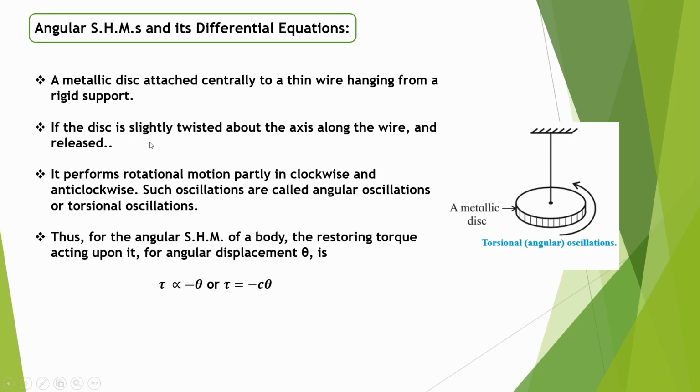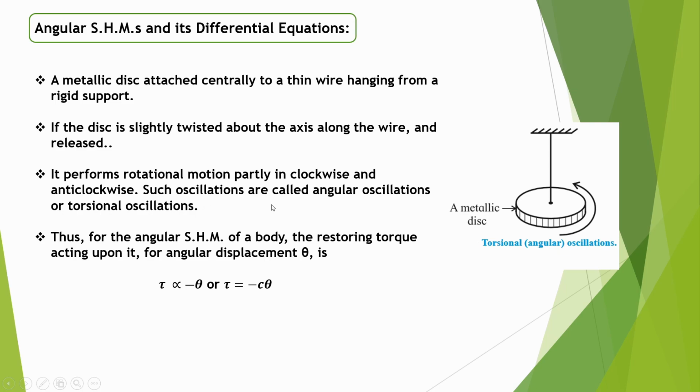If the disc is slightly twisted about the axis along the wire and released, the disc performs rotational motion partly clockwise and partly anti-clockwise.